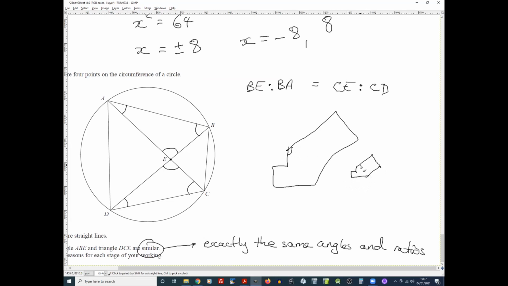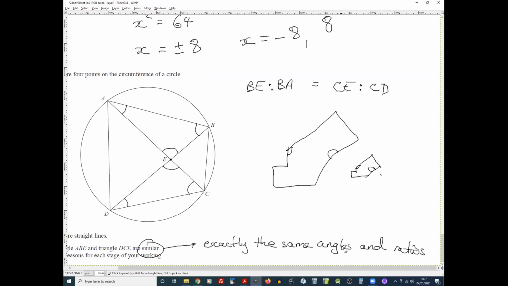That angle coincides with that one, even this angle and that angle, which I haven't drawn very well, but you get the idea. If all the angles correspond, then we'll find that all the ratios correspond as well. So exactly the same angles and ratios.